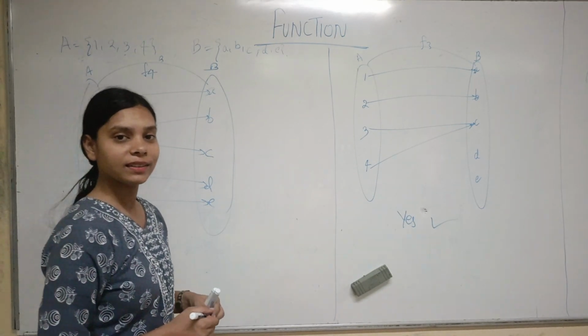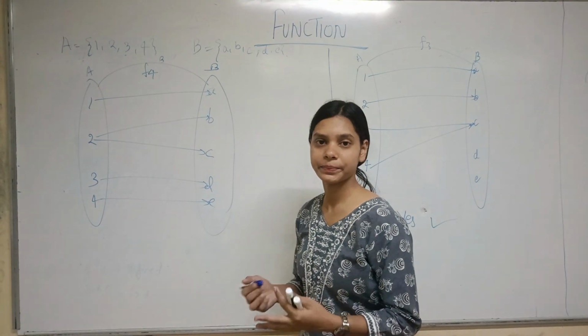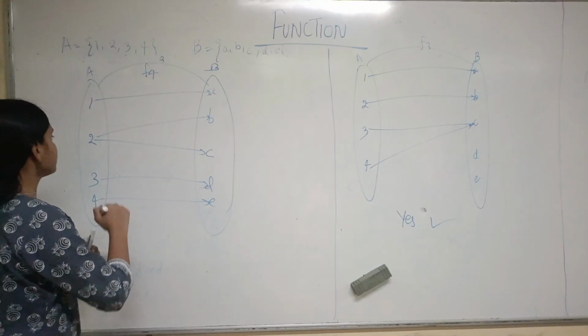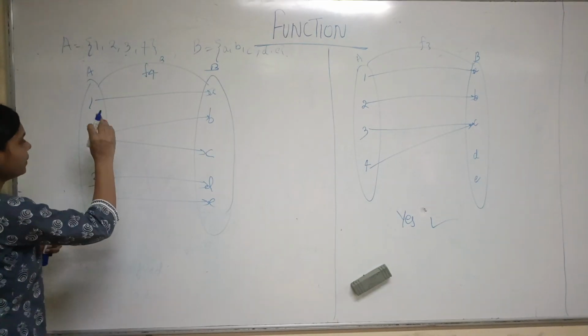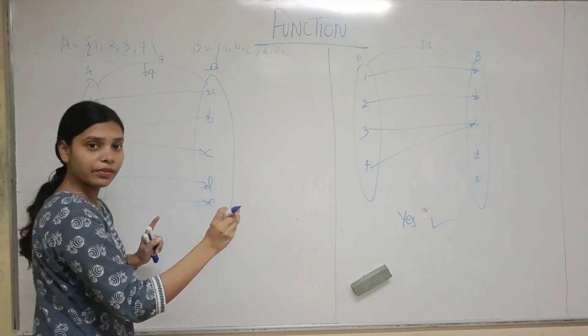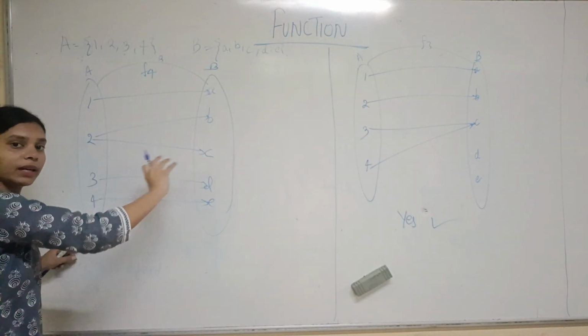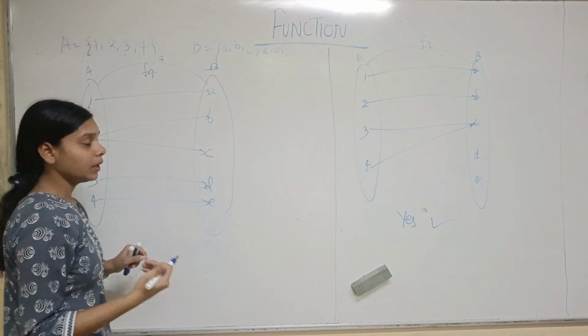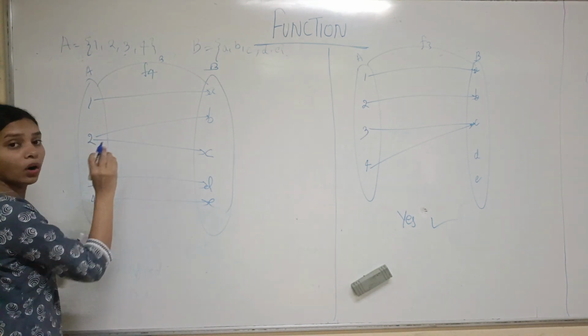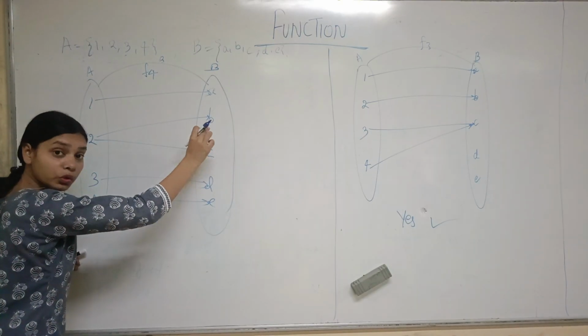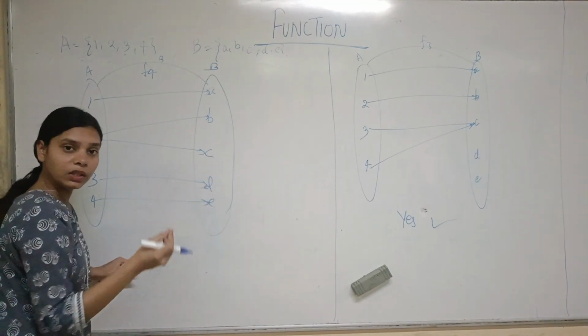Why? Anyone want to tell me? Exactly. The first condition is satisfied, all elements are associated with an element in set B. But 2 does not have a unique association because at the same time 2 goes to B and 2 goes to C also.